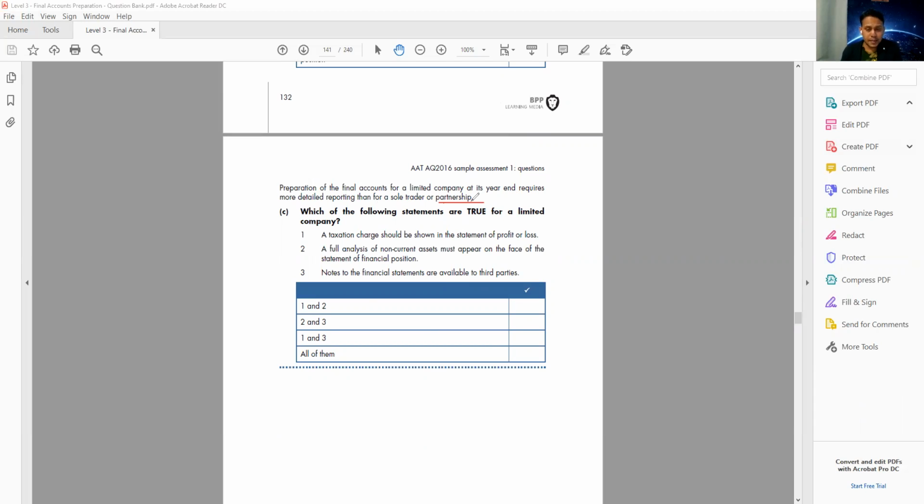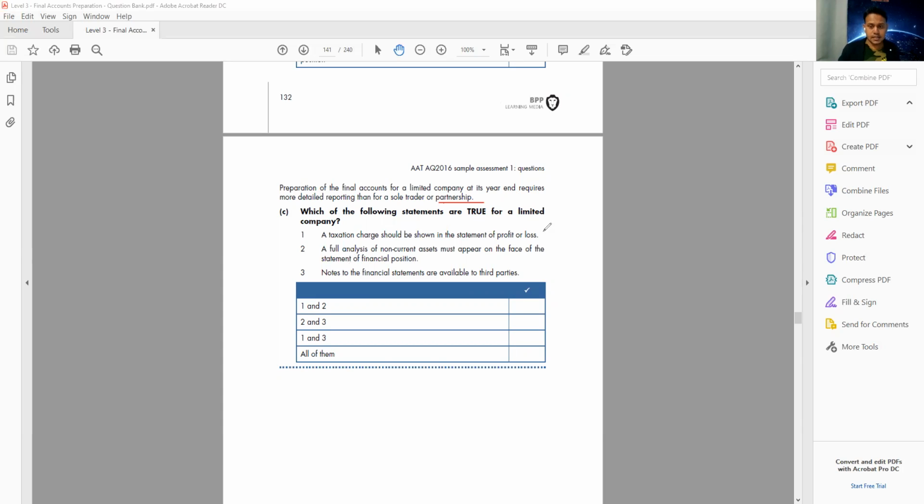Which of the following statements are true for a limited company? A taxation charge should be shown in the statement of profit or loss. Is it true? A taxation charge should be shown in the profit and loss account?